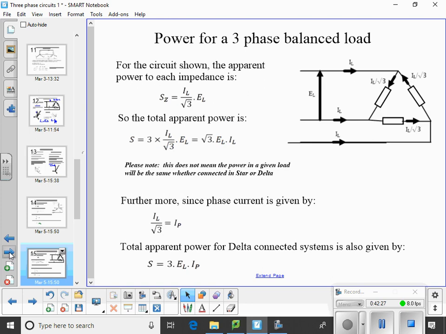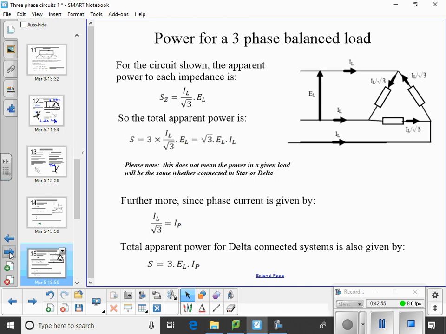So, power for a 3-phase balanced load connected in delta. For the circuit shown, the apparent power to each impedance is... in these delta connected systems, the phase current is IL, the line current, divided by root 3.